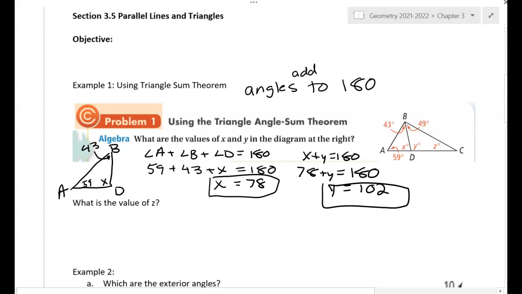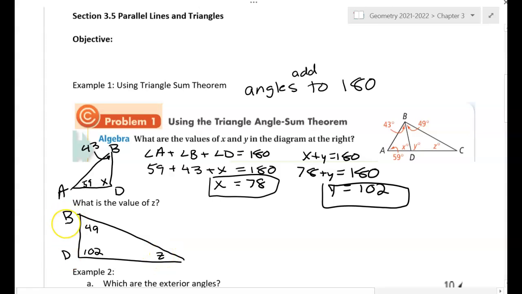Now to find z, I'm going to redraw that triangle. y is what I'm looking, wait a minute, no, I have y. y is 102. B is 49. I'm looking for z.